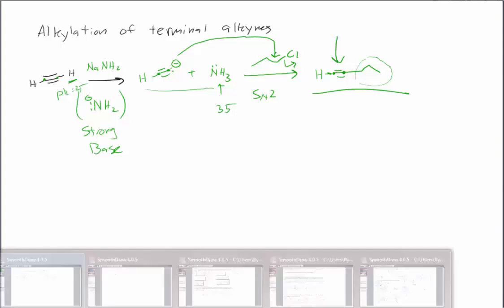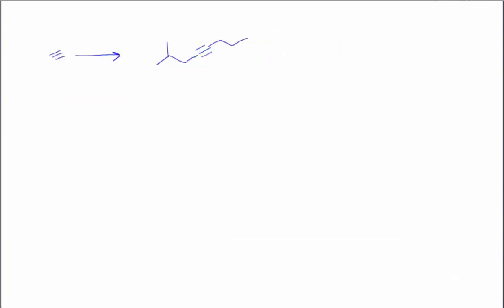Let's look at how we might use this in synthesis. Here we might be faced with a reaction that looks like this. Here is acetylene, and here is a much larger alkyne with a lot of extra carbons attached to it. How do we arrive at that much larger alkyne?